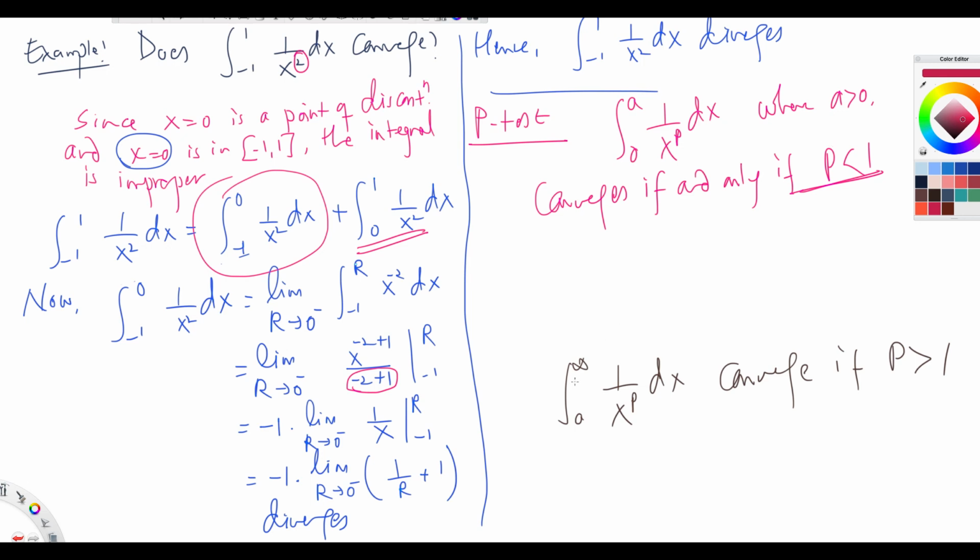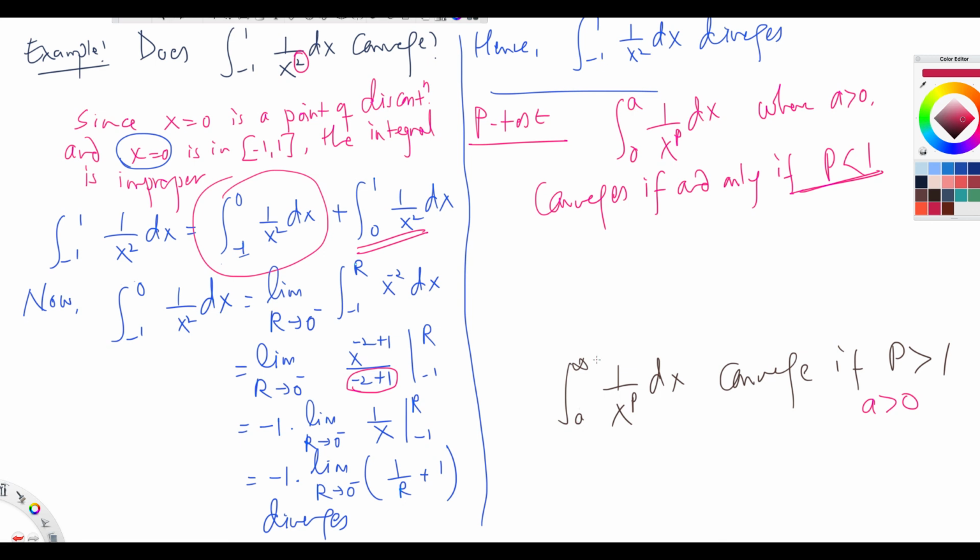All right, guys? So here also we need a is positive, right? Let me double check that. So I think that p integral test, yes, a is positive. You need a is positive in both cases, right? So we got the two formulas that you can use directly. In case of 0 to a, where a is positive, 1 over x to the p dx converges if p is less than 1.